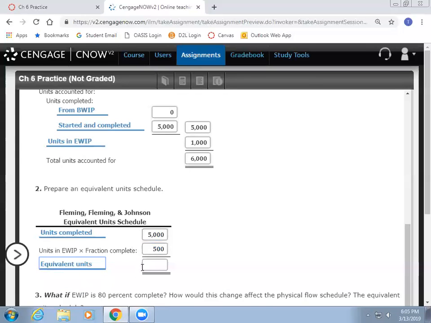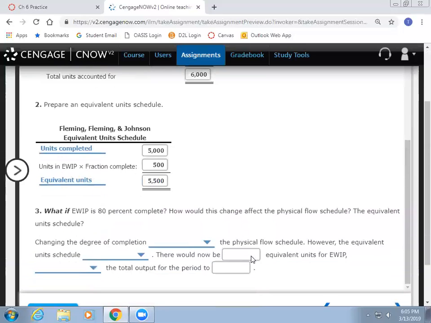So our total equivalent units for this period are those two added together. We take what was completed, which is 100% complete, plus whatever's in ending times the percent completed, and that gives us our equivalent units.